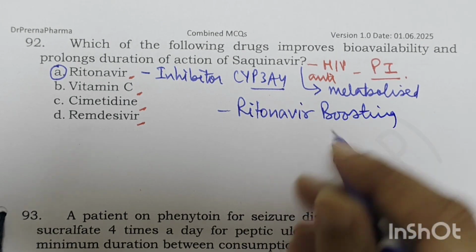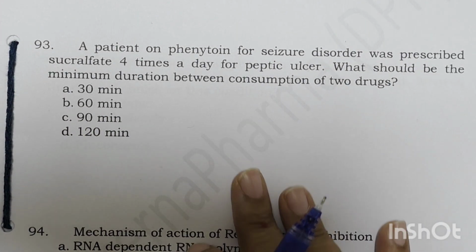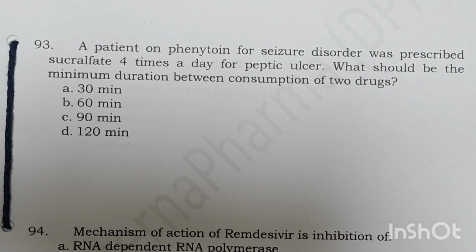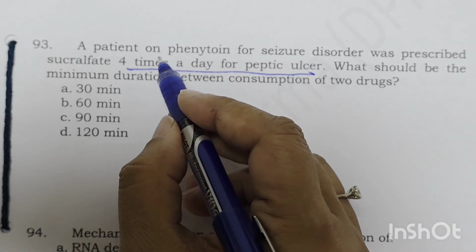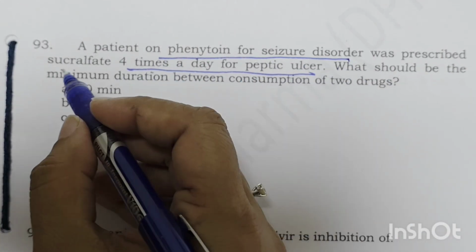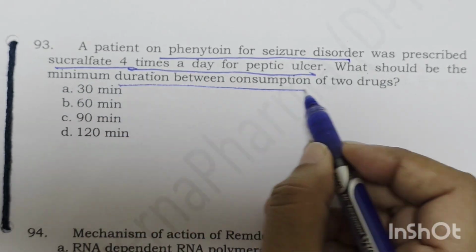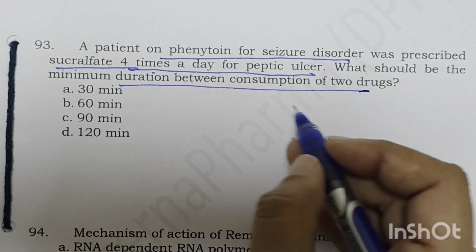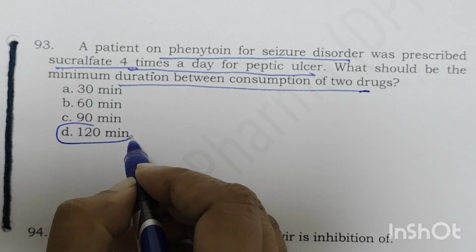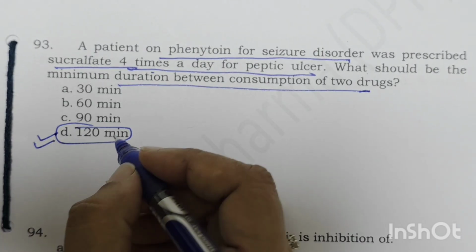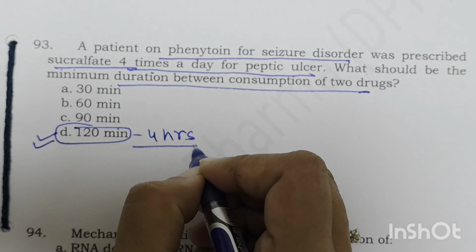A patient on phenytoin for seizure disorder was prescribed sucralfate four times a day for peptic ulcer. What should be the minimum duration between consumption of the two drugs? It should be 120 minutes, which means around 4 hours. Why?